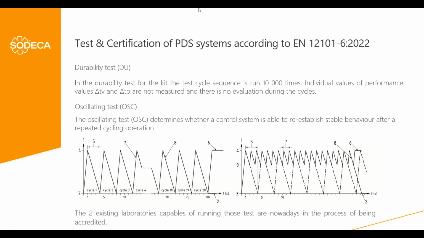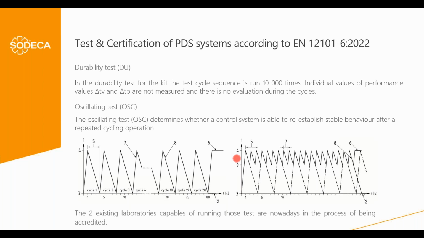And we also carry out the oscillation test, where this is the door movement. We open, and instead of remaining open and then closing, we open and close, open and close, and open and close. And there is also something like we open, and when it's open, we partially close, and then we partially open. We make this oscillation test to try to make the system crazy.